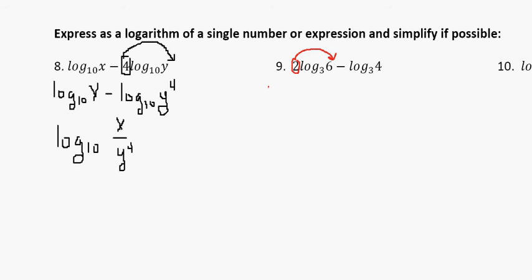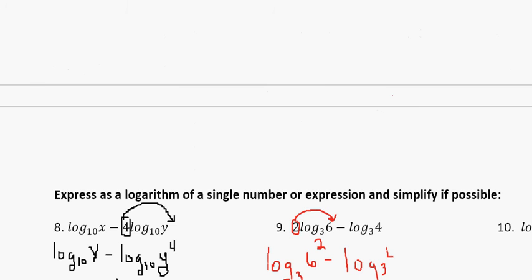So we're going to put that exponent back up top. So we're going to have the log base 3 of 6 squared minus the log base 3 of 4. Okay, and at this point you can evaluate 6 squared or just know that it's 36.